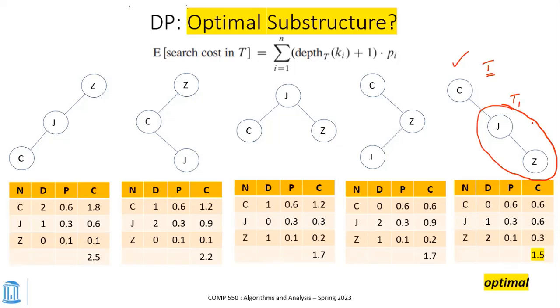We're going to cut T1 out, replace it with another solution, and see if it will be a contradiction.